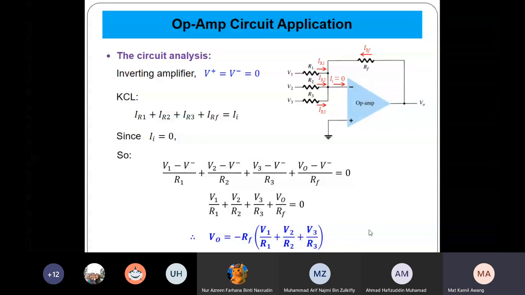So maybe this is 10 kilo, this is 10 kilo, 10 kilo, 10 kilo. So 10 kilo ohm divided by 10 kilo ohm is 1. So you get Vout equal to minus V1 minus V2 minus V3. Clear? Understand?